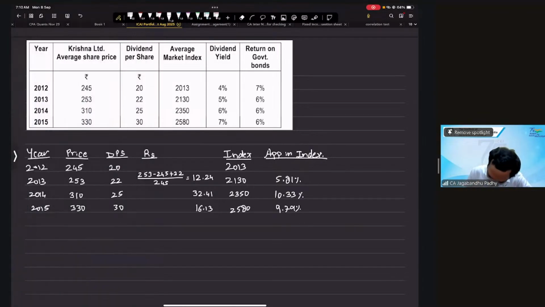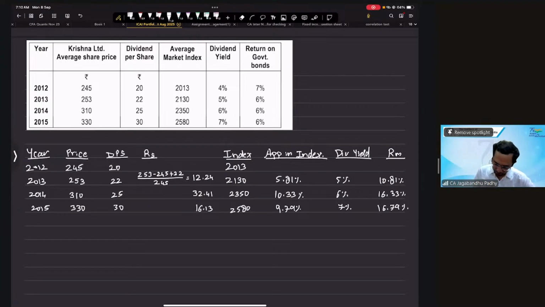Then we also have the dividend yield, given as 5%, 6%, and 7%. If I ask you what the market rate of return is, we just need to add both of them, which will be 10.81%, then 16.33%, and 16.79%.